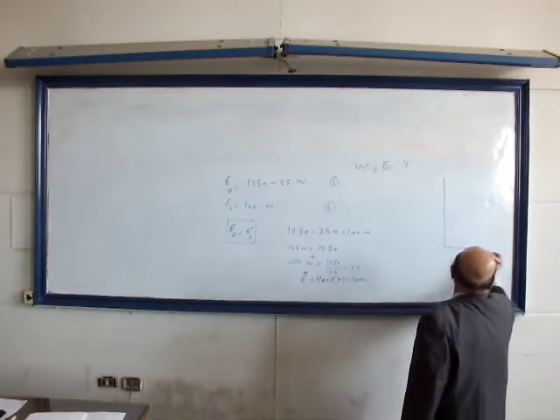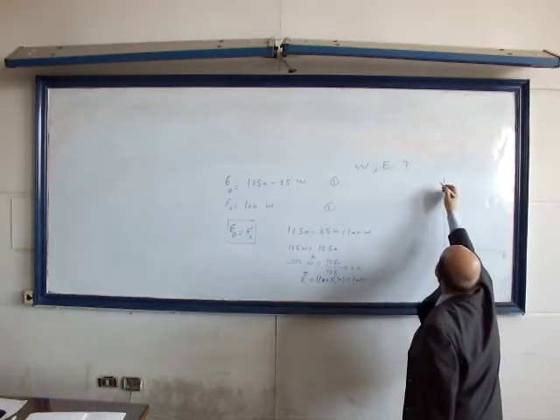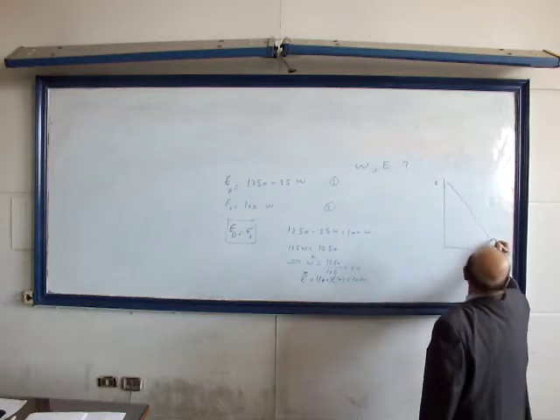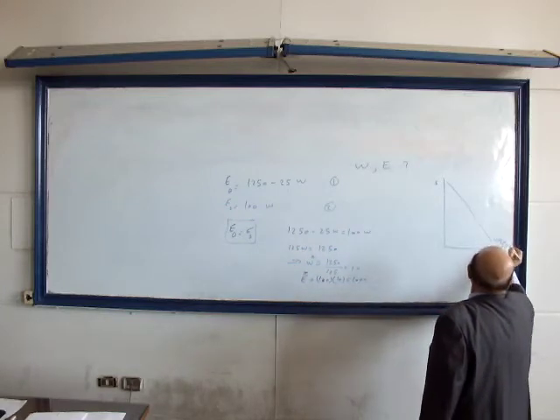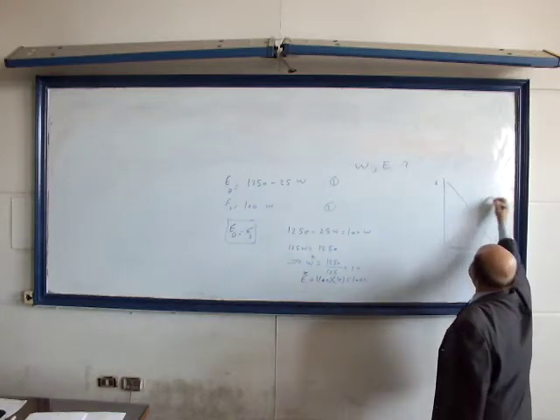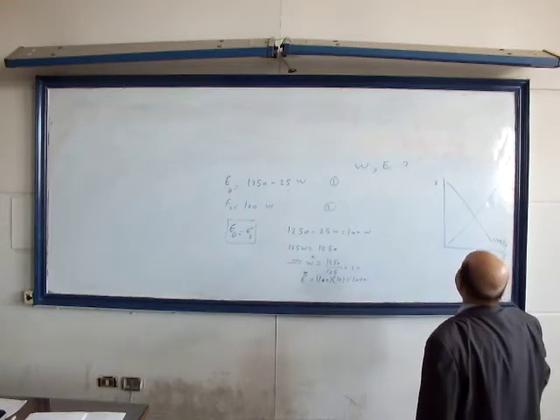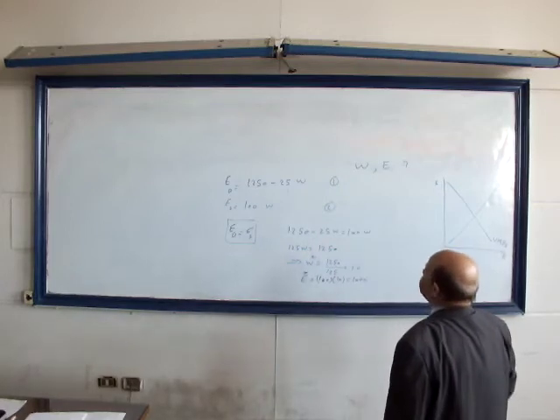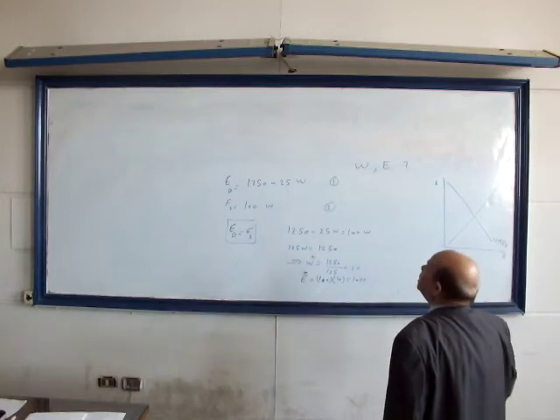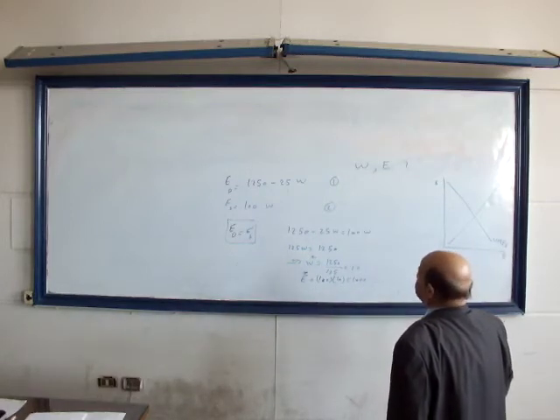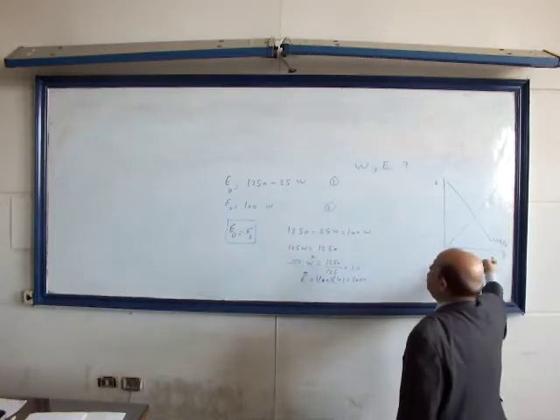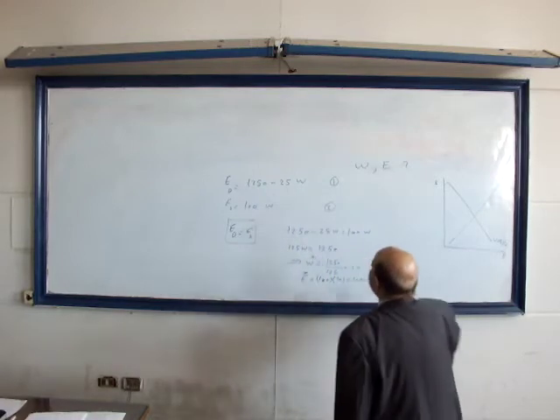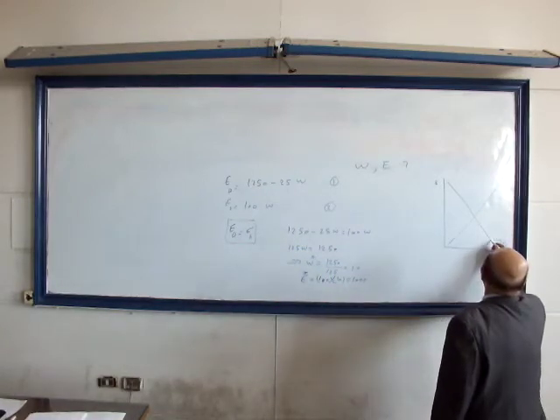To graph this solution, we have here demand, which is downward sloping, as you know, and this is supply. Remember, if you put figures on the graph, it will be important. If W is 0, employment is 1,250 here.